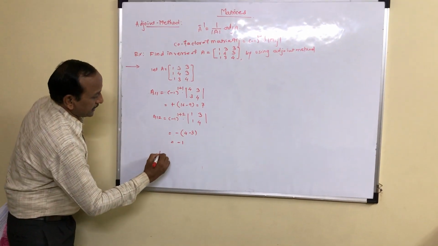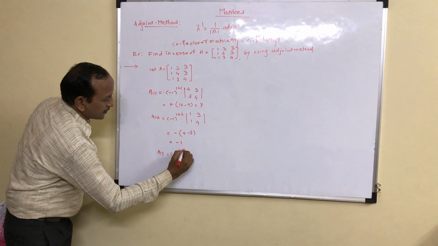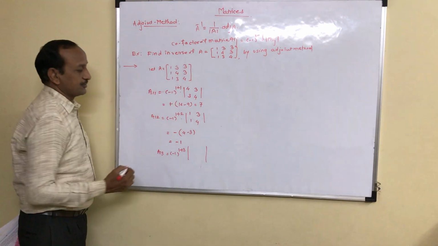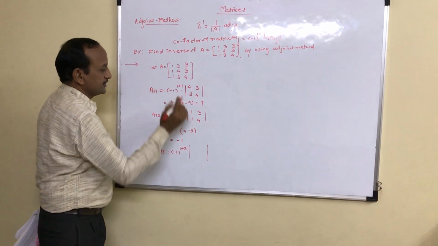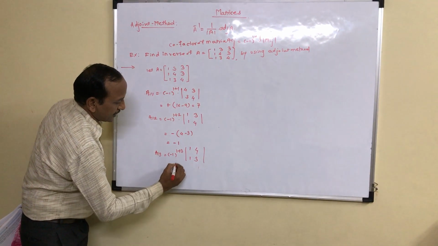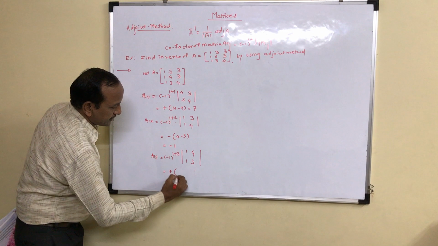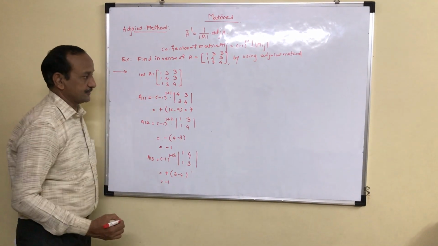Now A13 is minus 1 raised to power 1 plus 3 into minor, delete first row third column, minor is 1 4 1 3, plus into bracket 3 minus 4, which is minus 1.